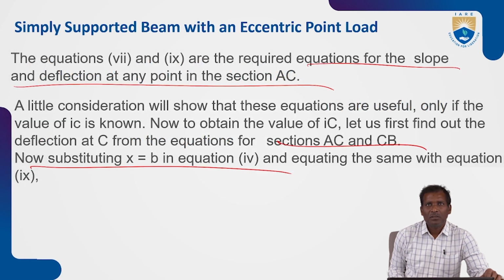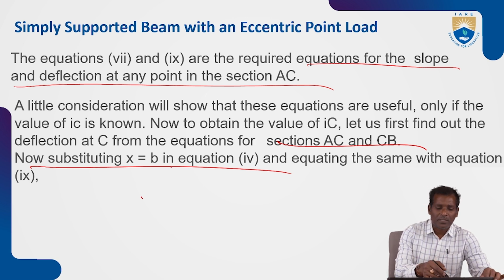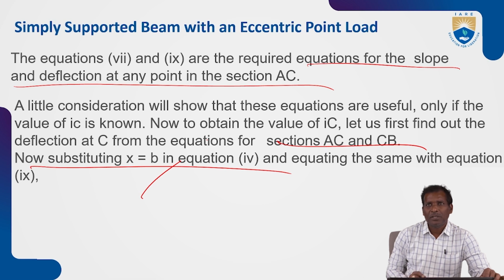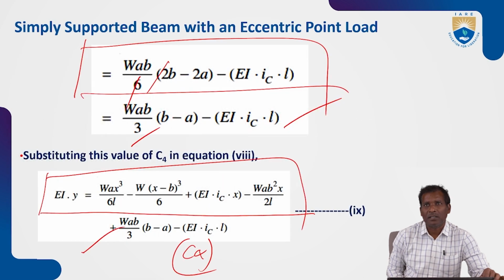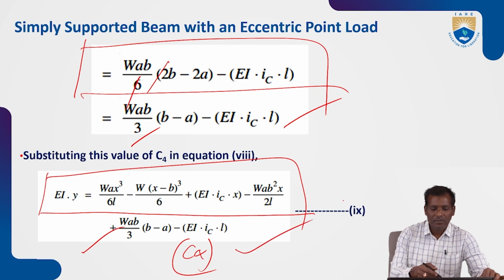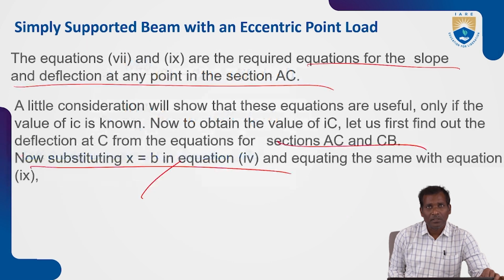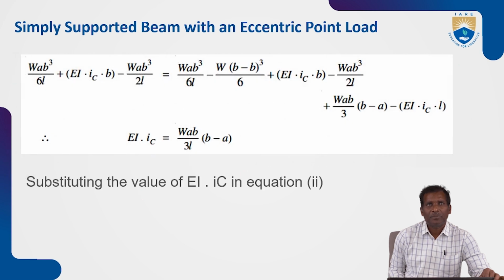So now find out the deflection at C from the equations for sections AC and CB as shown in the figure. Substituting in this equation 4, x is equal to b, equating the same with equation 9. So what is this equation 9? This equation 9. So substitute, then equate with this equation.